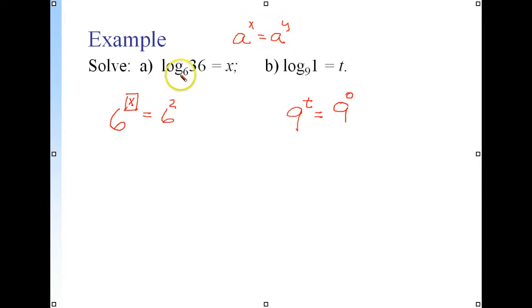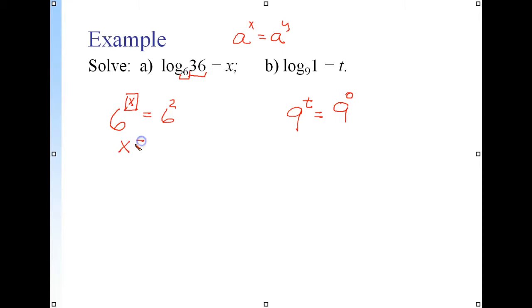So here we had the base of 6, which I put right there. We knew the exponent was x. Now we had to convert our answer, which was 36, into some form of 6 as a base. So it's 6 to the second power.